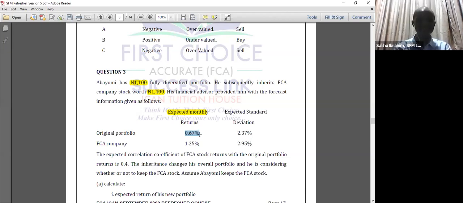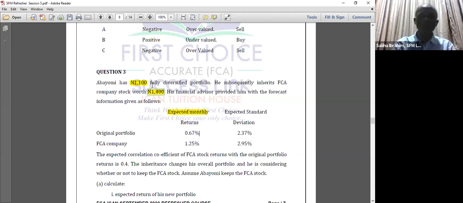The probability is going to depend on the amount I invested on that particular portfolio. So, for you to get that probability, you will add 1,100 to 1,400. These are the two items we have in the portfolio.